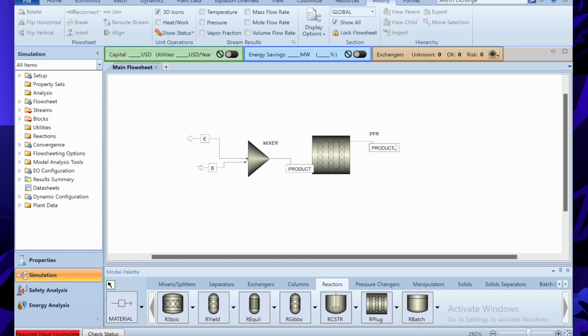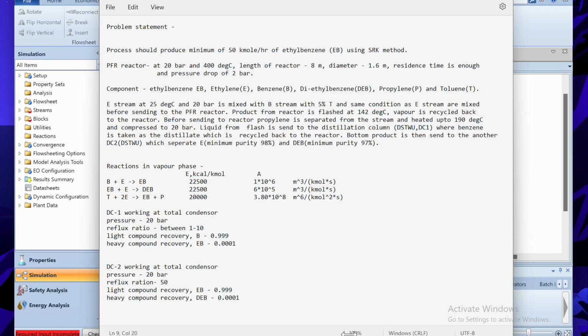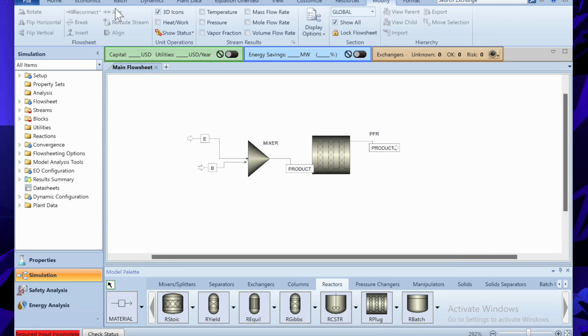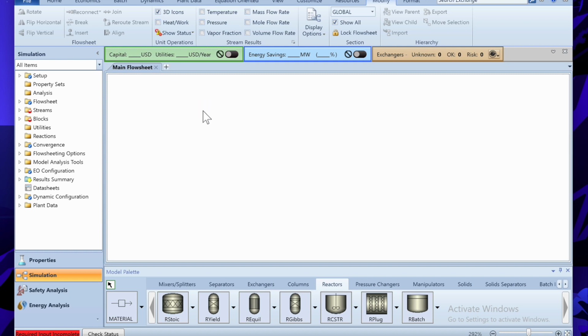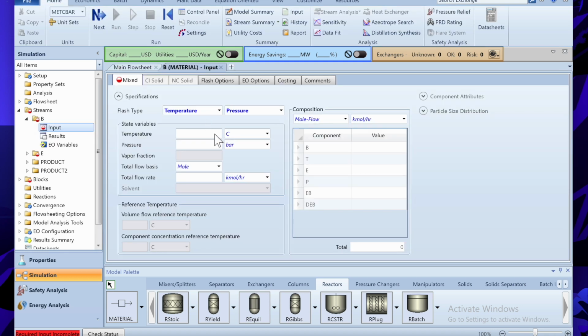Okay, now let's see what the conditions for the streams are. So E and B streams. B contains 5% toluene, 25 degrees and 20 bar pressure. Okay, so then click next. So 25 degrees, 20 bar pressure.